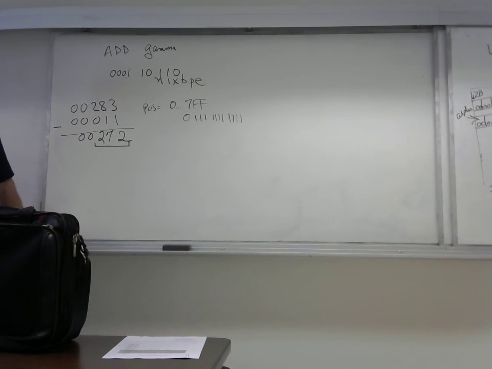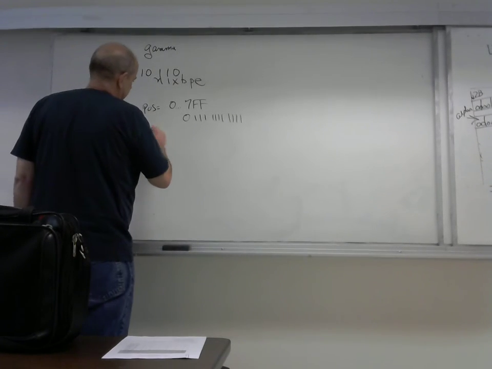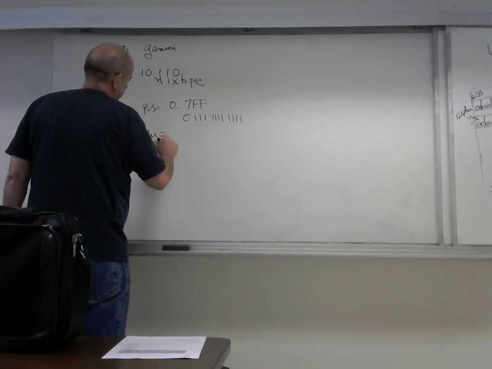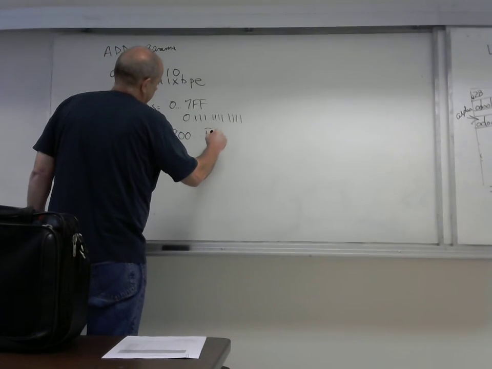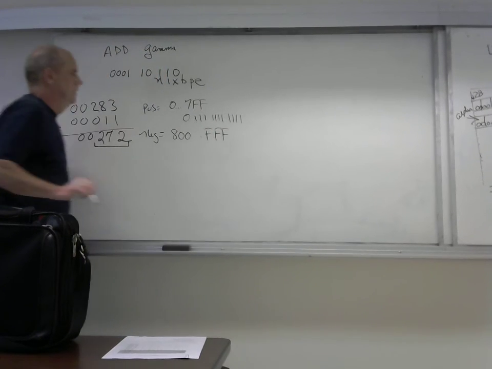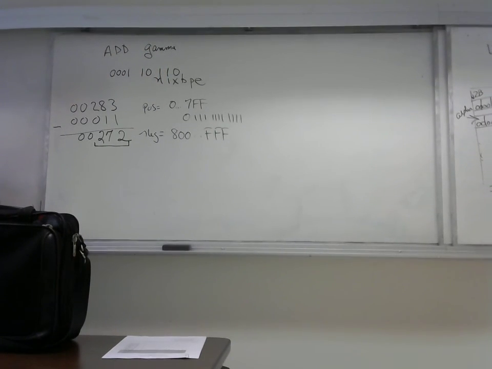That's the last positive number. And the negative numbers, 8, yes? You're familiar with 2's complement, so you remember that. If it starts with a 1, it's a negative number. If it's a negative number, you've got a problem. Okay. In decimal, what is it?